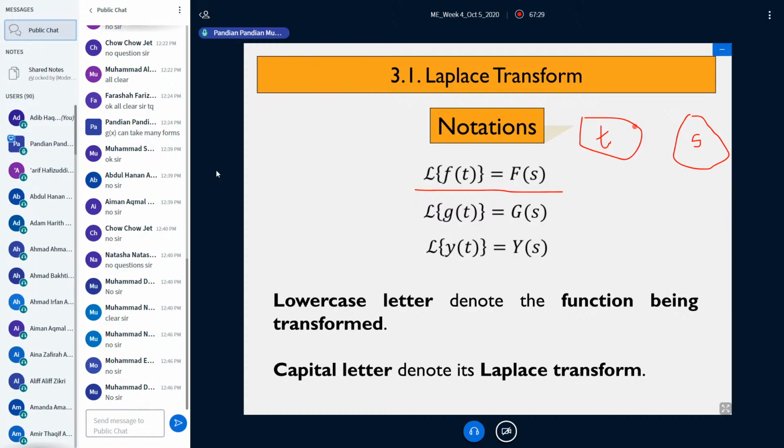That means you are moving from this planet to this planet, from one domain to another domain. So if you take the Laplace of f(t), the answer is F(s). The transformation is called the Laplace transform, a transformation from one domain, the time domain, to the s domain. That's why we call it t to s.